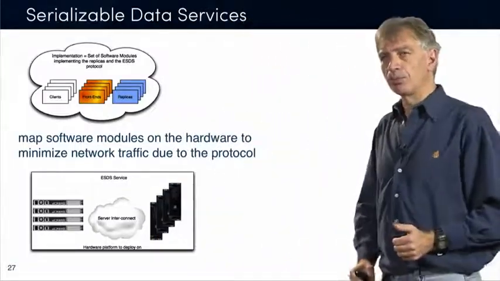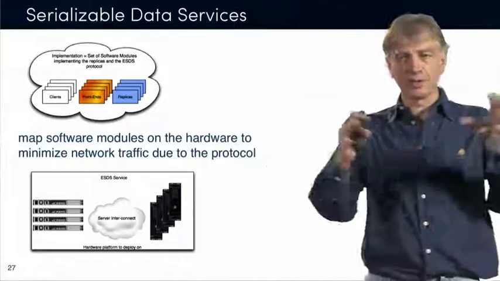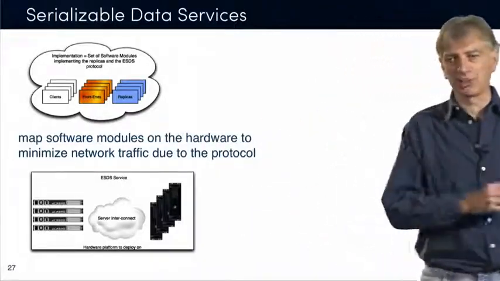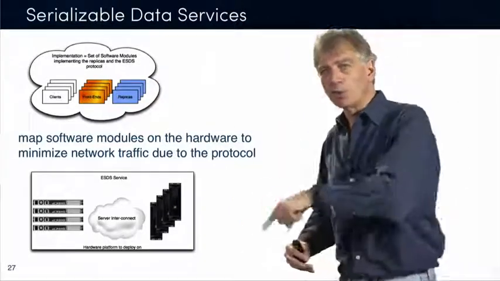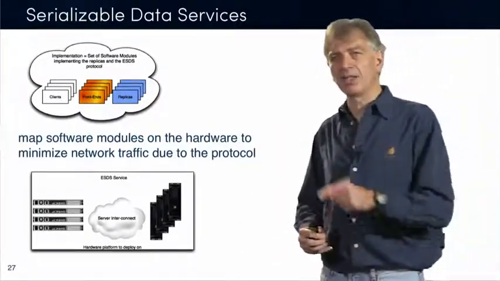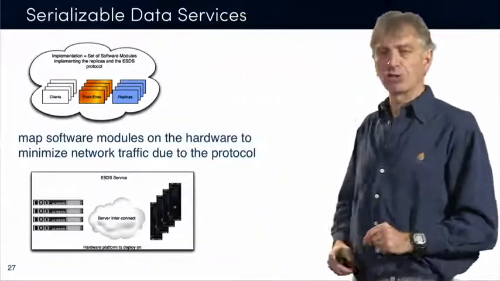Okay, and to do that, you have to satisfy some reliability conditions. So there will be different components that have to be located on the same machine, some components that have to be located on different machines. But you want this protocol to be as efficient as possible. So you want basically to minimize the traffic, the communication traffic between these various components.